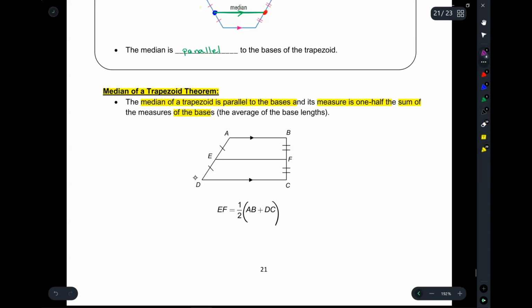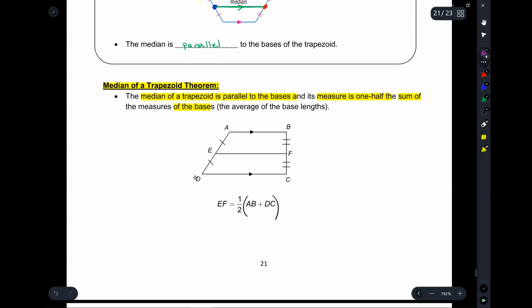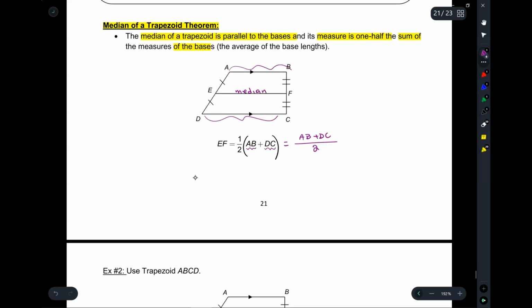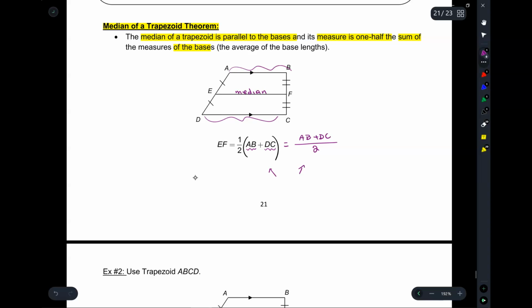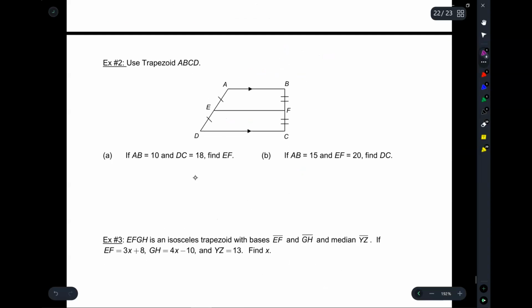Okay, so this is a median right here. Okay, that's median EF. Its measure is 1/2 of the length of AB plus the length of DC. Another way to write that is EF is AB plus DC over 2. And honestly, it's just preference, how you want to do it. Some people like that version, some people like that version. It's all the same to me.